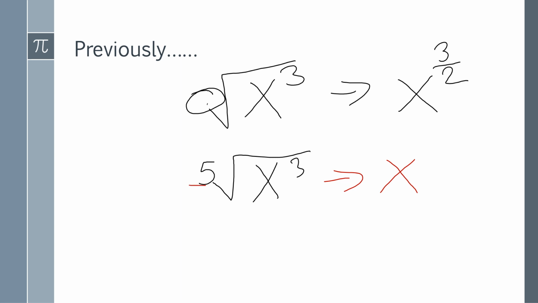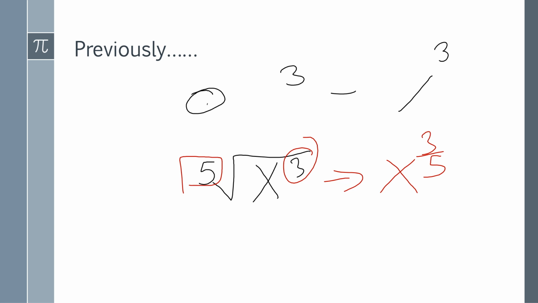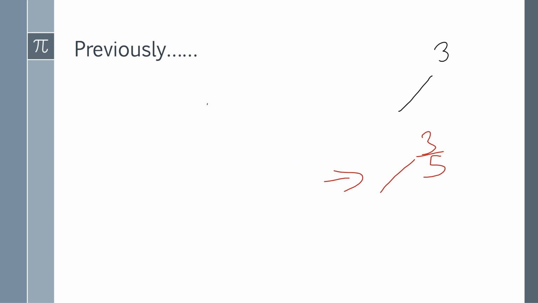The denominator is always going to be in the front, 5, and you put it over 3/5. Alright? So we just went over the law of exponents. And we was given problems that look like this.